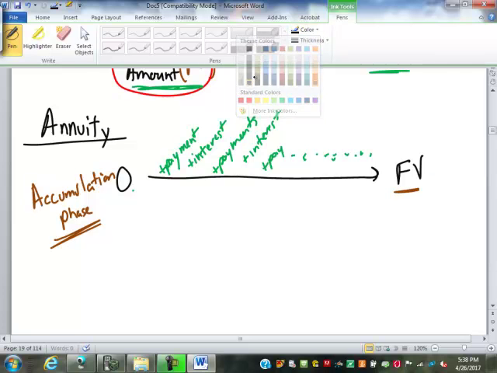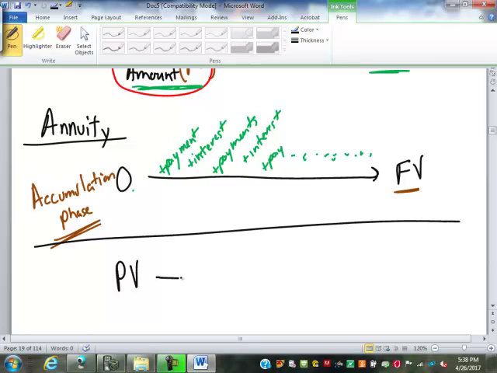Or the other way is you start with a present value and you pay it down to 0. So you're withdrawing payments, but you're still adding in interest every period.